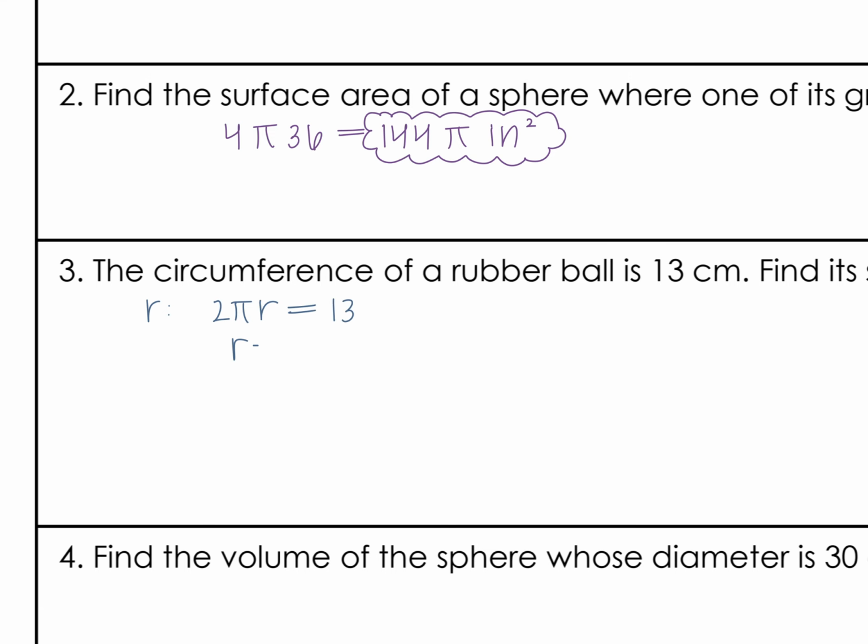When I do that, I'm left with my radius is equal to 13 divided by 2 pi. You can simplify if you would like to 6.5 over pi, or I'm just going to leave it as 13 over 2 pi. Now that I have my radius and we're finding our surface area, we're going to just plug into our formula, 4 pi, and then our radius squared.